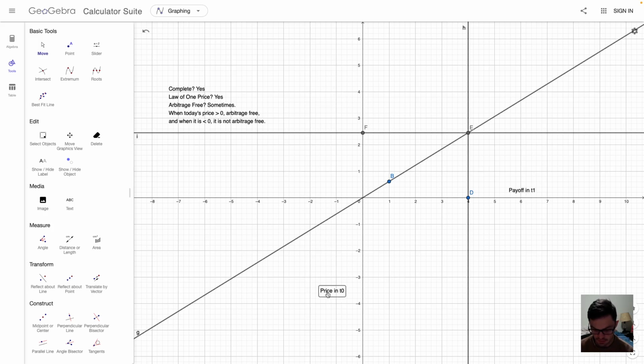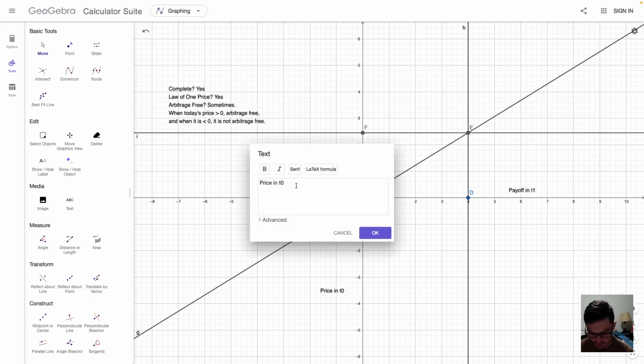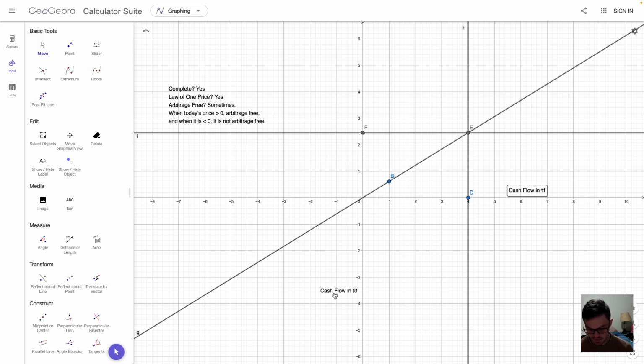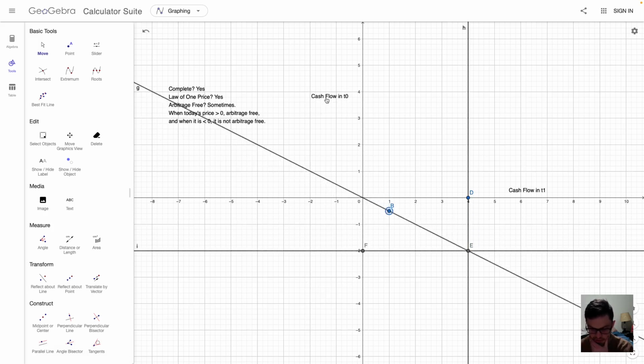Another thing you can do is feel like you're in Finance 101 and call these cash flows at time 0, and you can call this cash flow at time 1, right? And I moved it down here just because price and cash flow are negatives of each other, right? So if we previously had price up here and it was $1, now that would be a negative cash flow because we're paying for this asset, right?